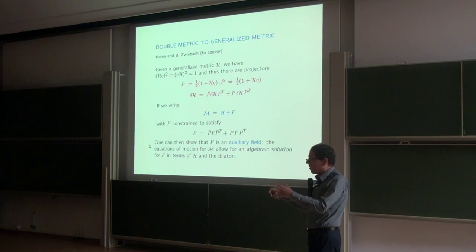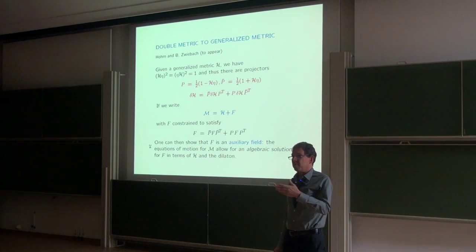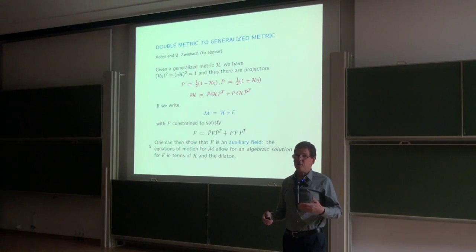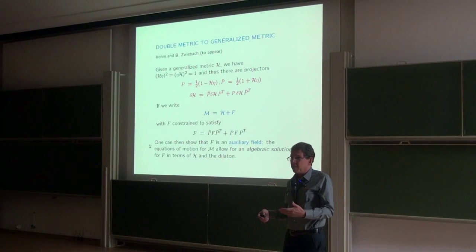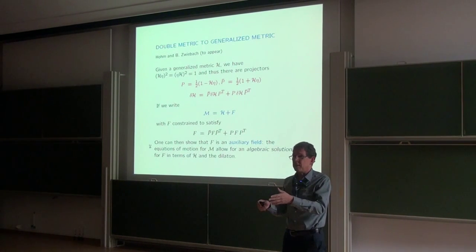So we wrote the theory in terms of M, but nevertheless, before we did this construction based on conformal field theory, everybody was trying to write a theory with higher derivatives in terms of the generalized metric, because the nicest formulation of the double field theory, or at least the simplest, was with a generalized metric.